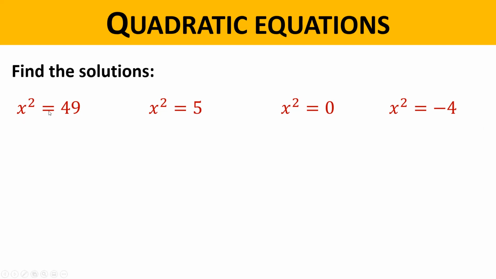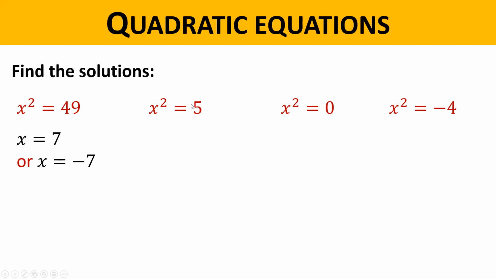So if x squared equals 49, then we want to find the square root of 49, which is 7. So x is 7 is a solution, but x is negative 7 will also be a solution to this equation. Negative 7 squared is 49. Some number squared is 5.